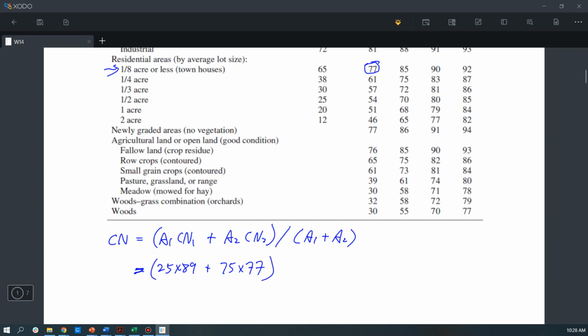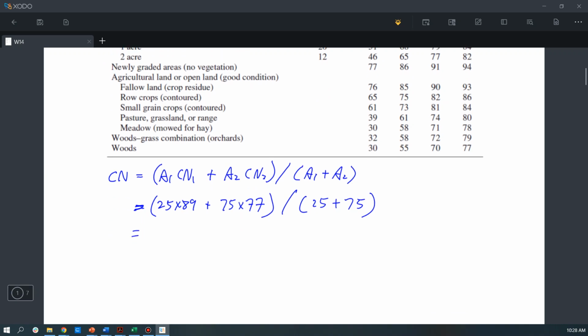And divide by the total area, which is 25 plus 75. With this equation, we get that the area weighted CN number is 80.